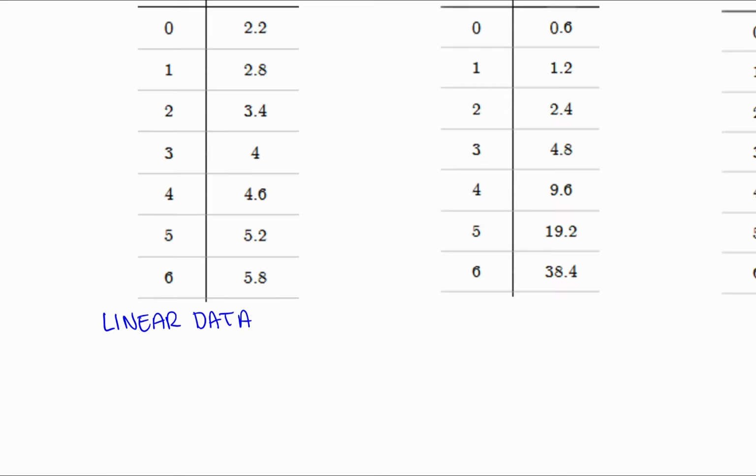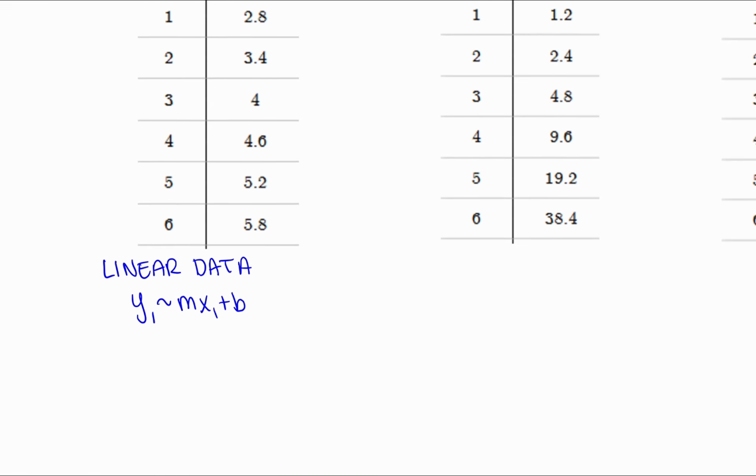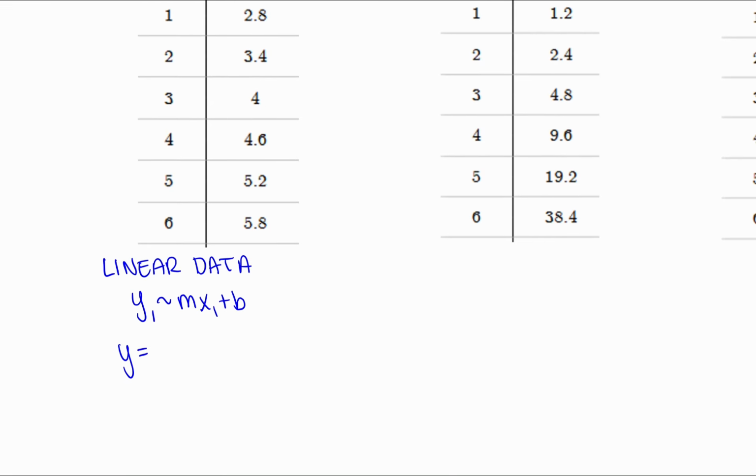And we're going to write down the linear regression equation, y1 tilde mx1 plus b. And we found the equation to be y is equal to approximately 0.6x plus 2.2.